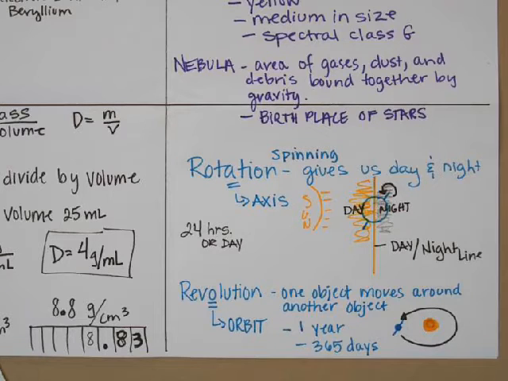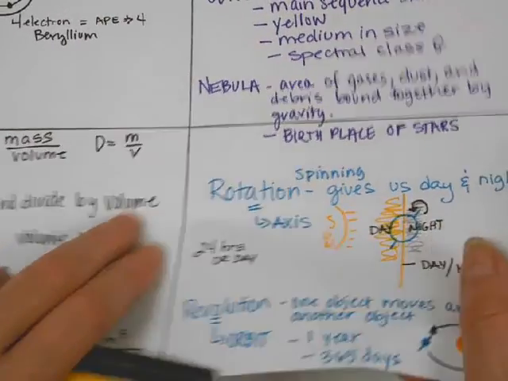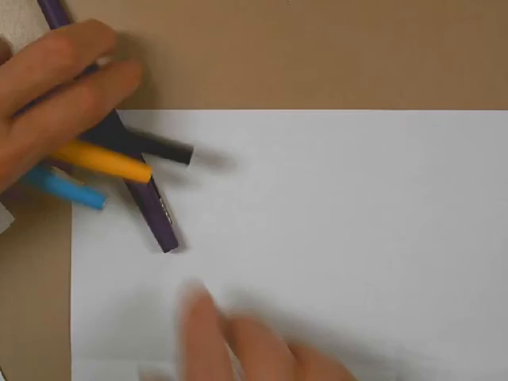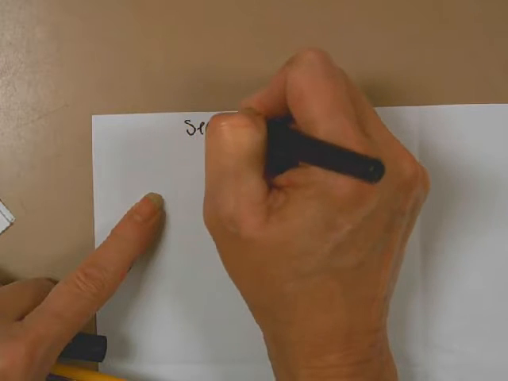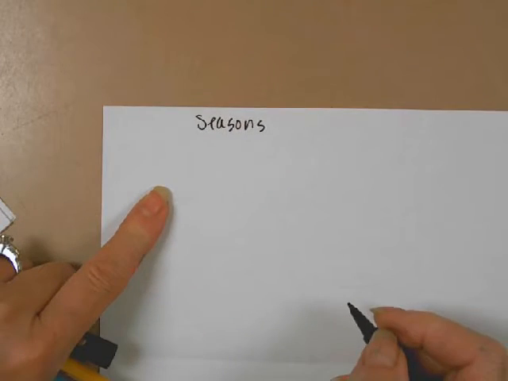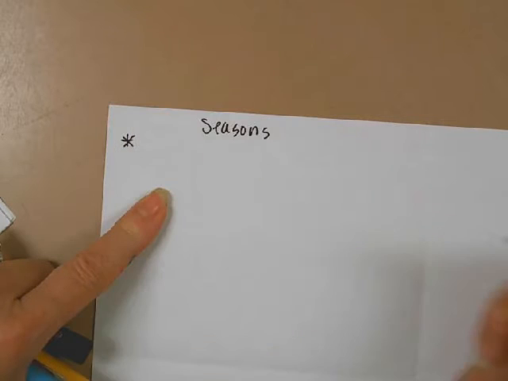All right. Let us do one more thing. Let's briefly review our seasons. For seasons, you need your diagrams, but real quick, the reason Earth experiences seasons is the tilt on its axis. If the Earth did not tilt on its axis, it would not have seasons.